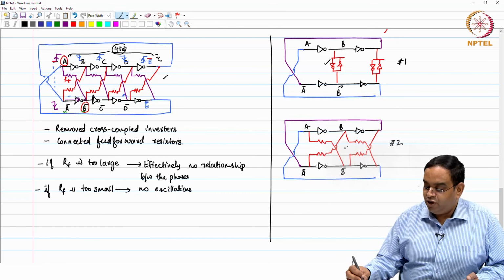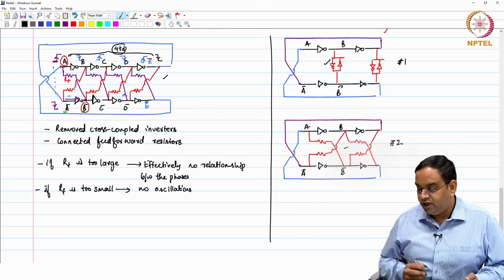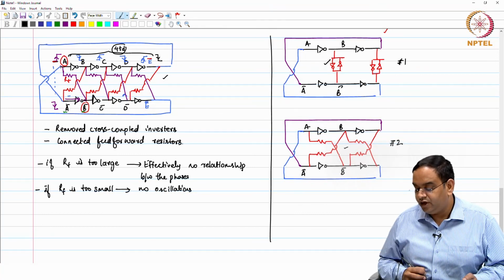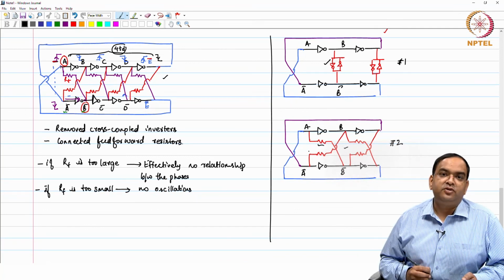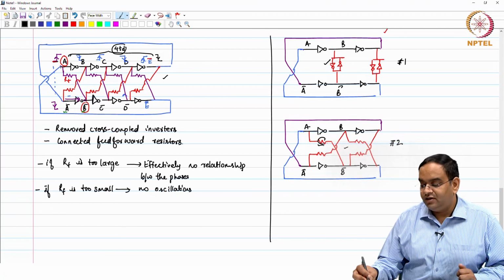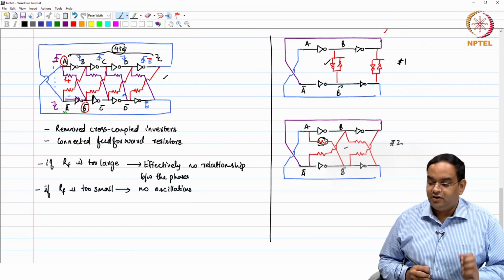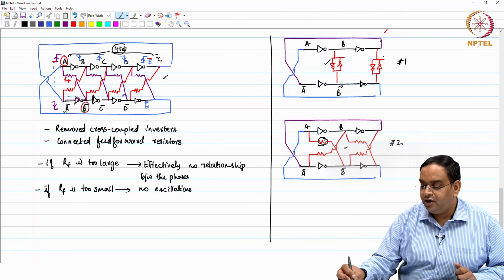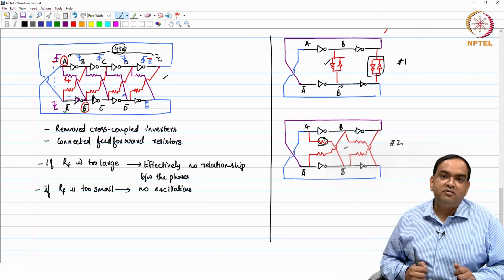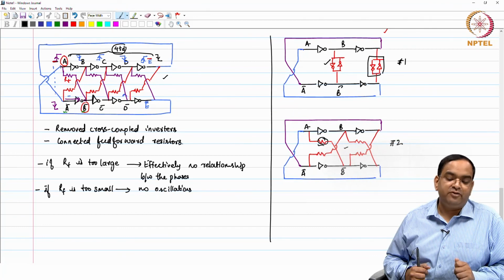But when you have only these 4 inverters in the ring connected like this, with the resistors, it is very hard to maintain that phase relationship, or you can say you have a very narrow tuning range for these resistors to make it oscillate. So, whenever we would like to use a pseudo differential ring oscillator with the minimum number of stages, whether you want or not, using the cross coupled inverter is the only choice which you have. Okay. Thank you.